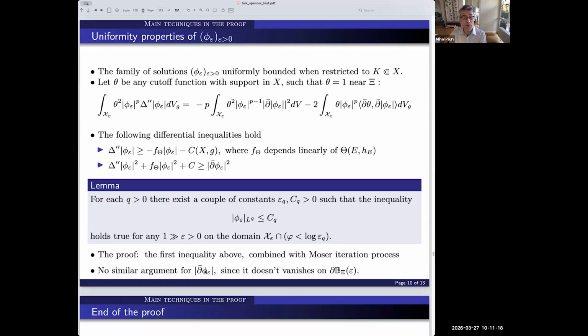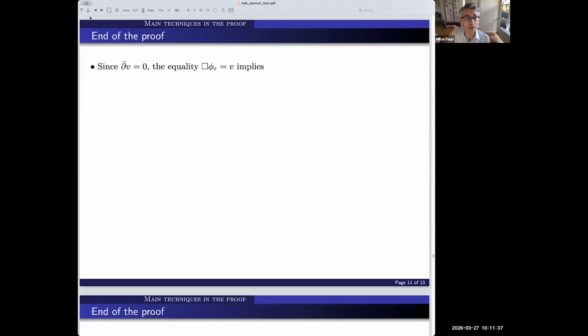Of course, you can't do that because you have uniqueness, okay? That's exactly what is happening here. So this norm, in general, will not be 0 on the boundary of the small domain, so to speak. And then, why does it vanish at the limit?